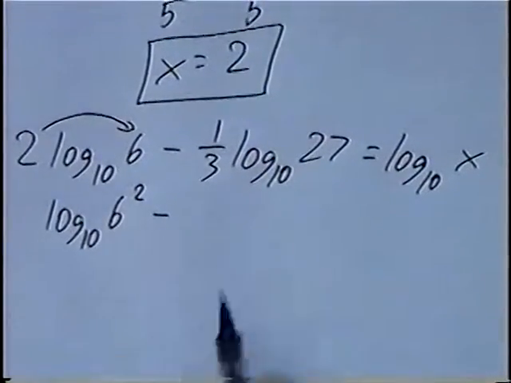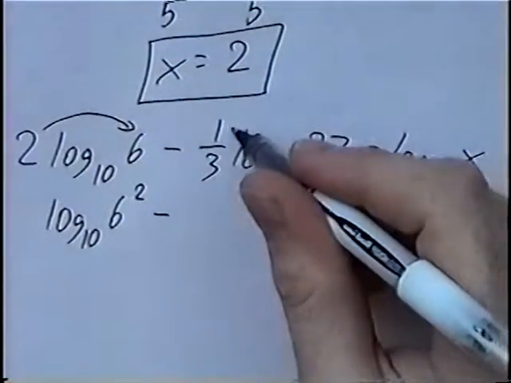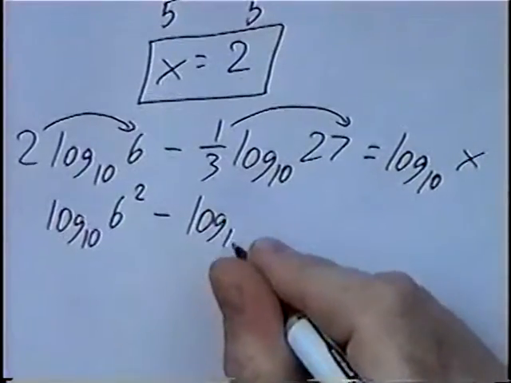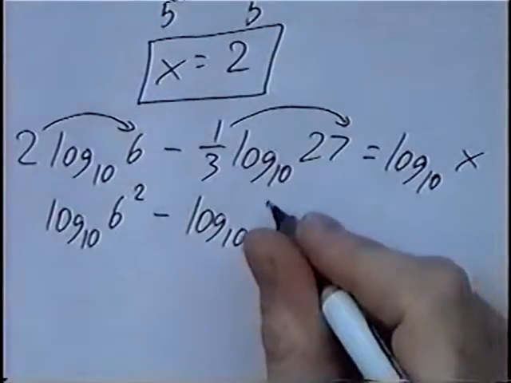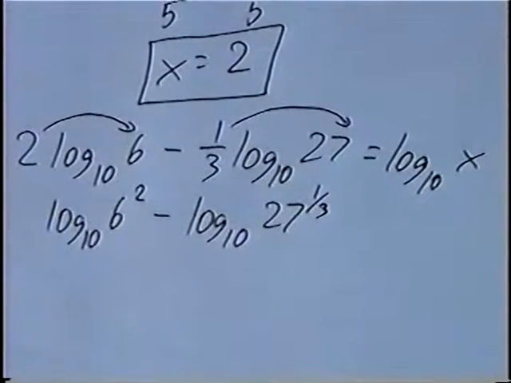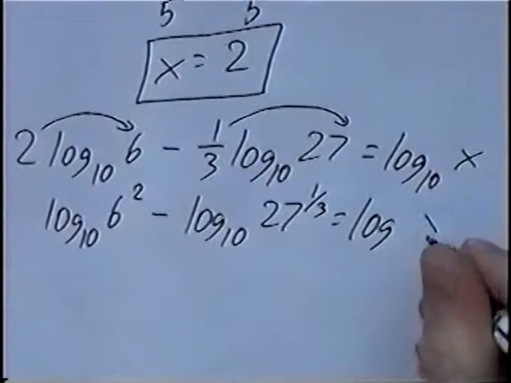And then minus, same thing with the second log. For multiplying by 1/3, we can bring this 1/3 on the inside. The log would stay the same, the base would stay the same, but we'll have 27 to the exponent of 1/3 equals the same log, log x base 10.